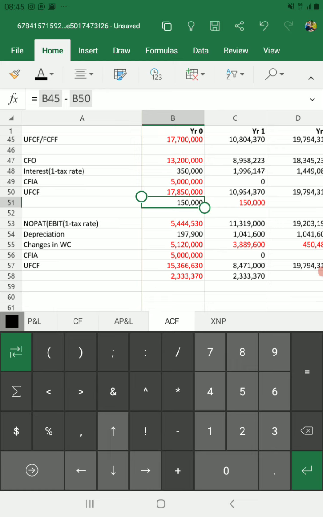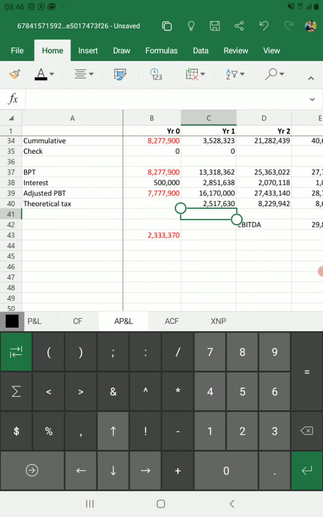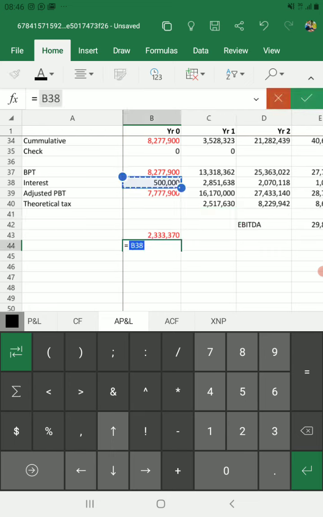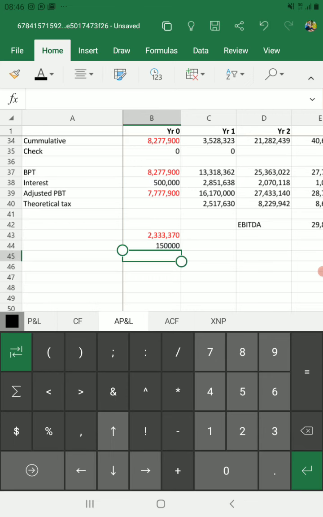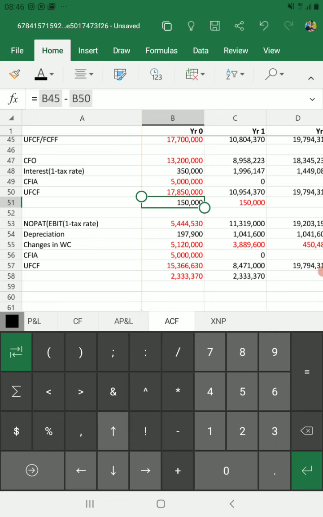So if you come here in annual profit and loss, let me put a formula here. If you take this one, multiply by 30%, what you get is this figure, 150,000.